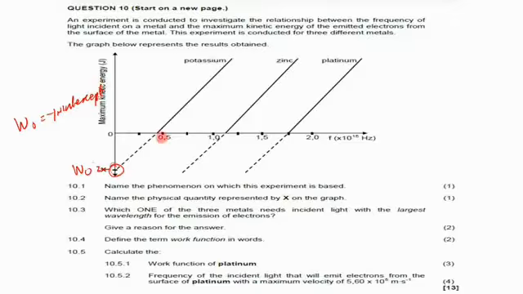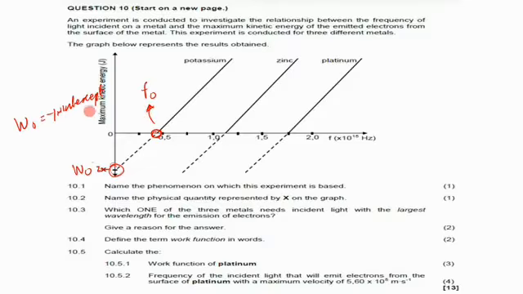And then what about the x-intercept? They do not ask it here, but for interest's sake, what does the x-intercept represent? Because here we have frequency, the x-intercept will be representing the threshold frequency, which is the minimum frequency needed to emit electrons from a metal surface.